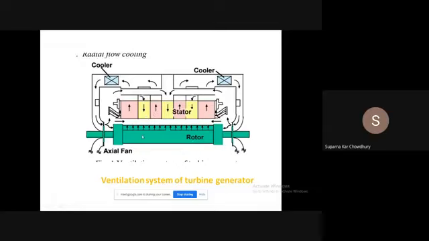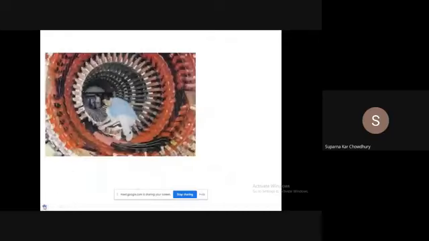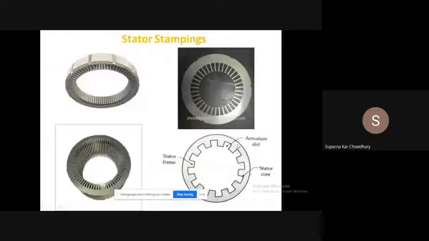Now there should be ducts for air circulation. Ducts can be radial and or axial. A radial duct is created by placing spacers between the laminations. If we go to the previous figure, this was the lamination. When we arrange the laminations, if we put a spacer between two laminations, that will create a gap, and this gap will create a radial duct, that is, the duct is along the radial direction.